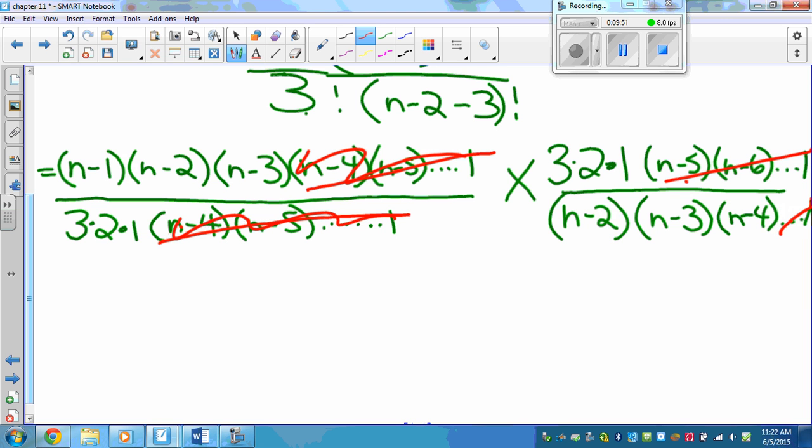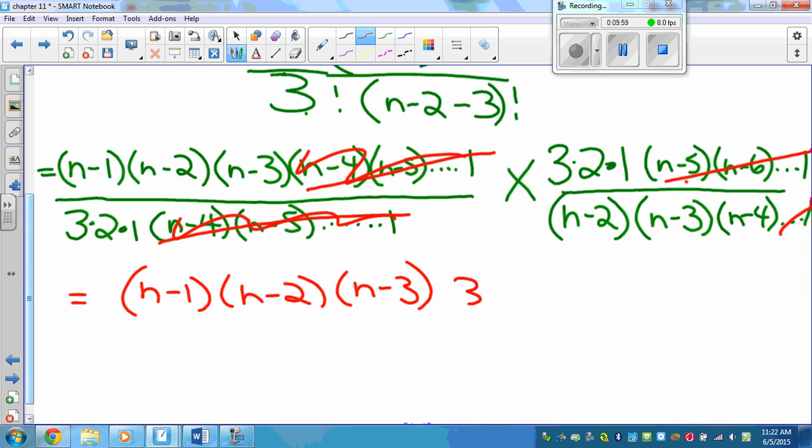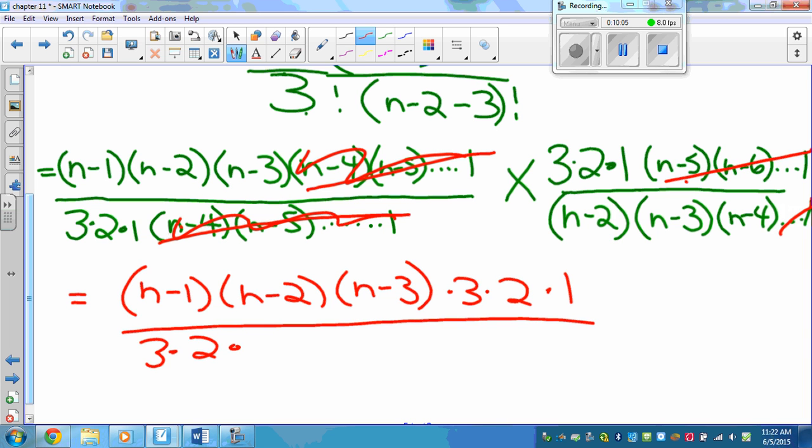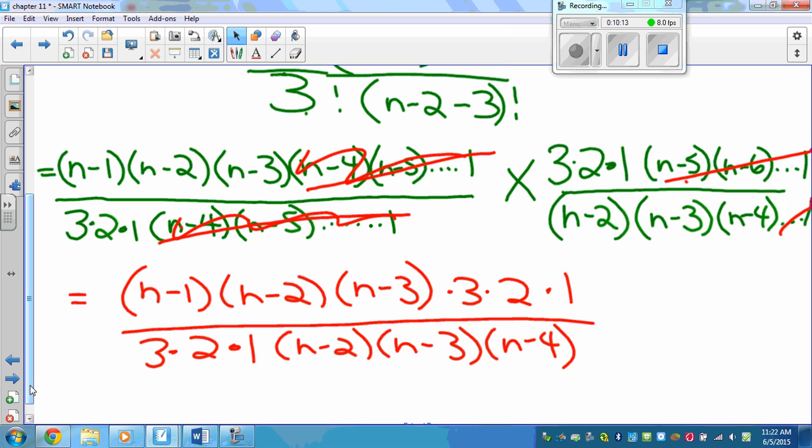What I'm left with is n minus 1, n minus 2, n minus 3, and here I have 3 times 2 times 1, and on the bottom I have 3 times 2 times 1 times n minus 2, n minus 3, n minus 4. So I could have done this in the last step, but we can see there's even more that would reduce.